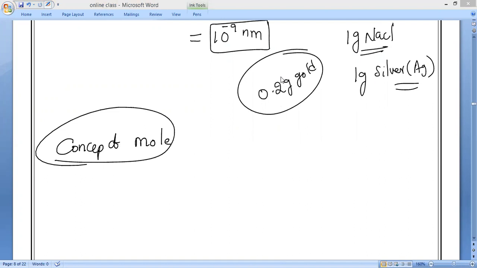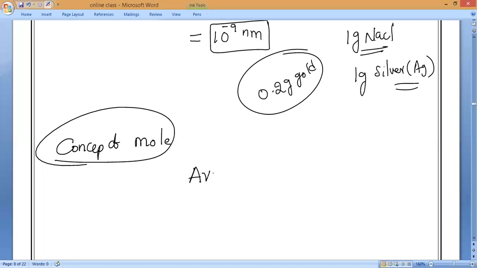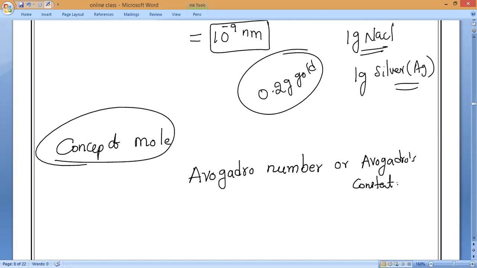So this is also called the Avogadro number, or we can say Avogadro constant, because he is the one who related this mole concept with this number. We say Avogadro's constant in honor of the Italian scientist Amedeo Avogadro.